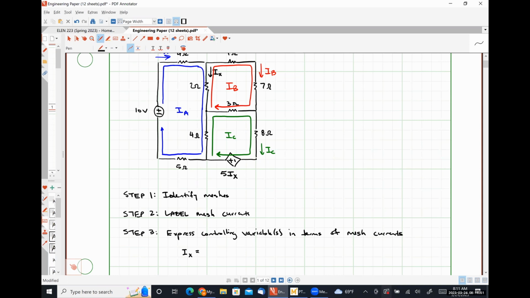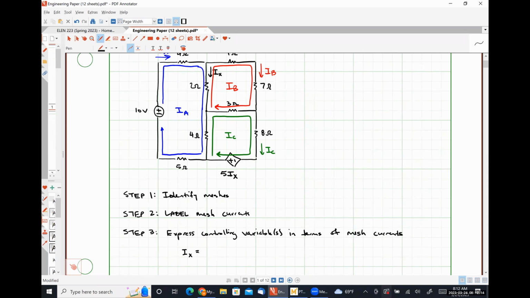If it were between meshes B and C, we'd have a contribution from B and a contribution from C, and so forth, right? So what we're going to do is say that the mesh current that's flowing in the same direction as IX will get a positive sign, and the mesh current that's flowing in the opposite direction as IX will get a negative sign.